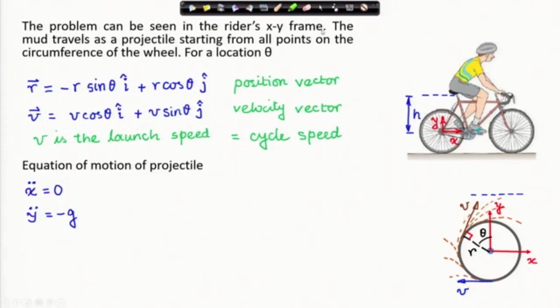So, now once it is launched, it follows projectile motion. In projectile motion, what happens? x double dot, the horizontal acceleration, is 0 and the vertical acceleration is minus g.